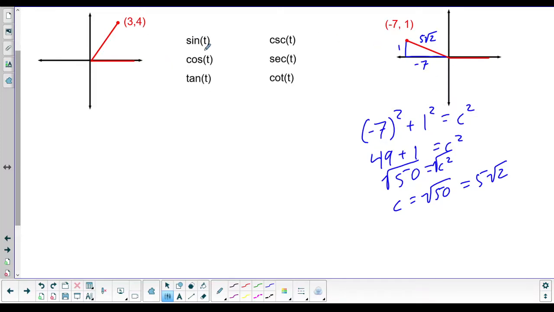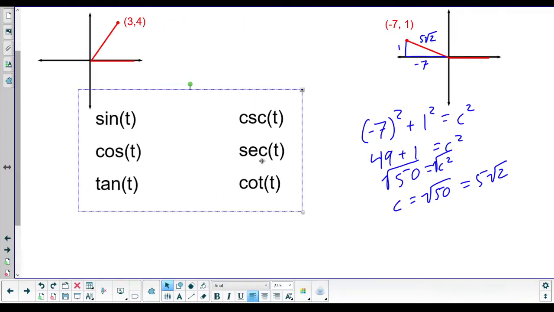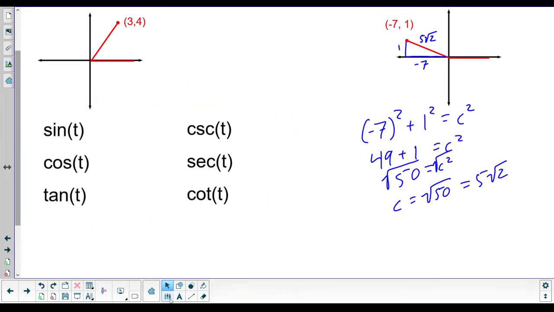Now we need to write our sine, cosine, and tangent. I'm going to make these a tiny bit bigger just so that I have some room to do the rationalizations. So for sine, this is going to be opposite because we're going off the angle nearest the origin. So 1 over the hypotenuse, 5 radical 2. Now, we're not allowed to leave radicals in the denominator.